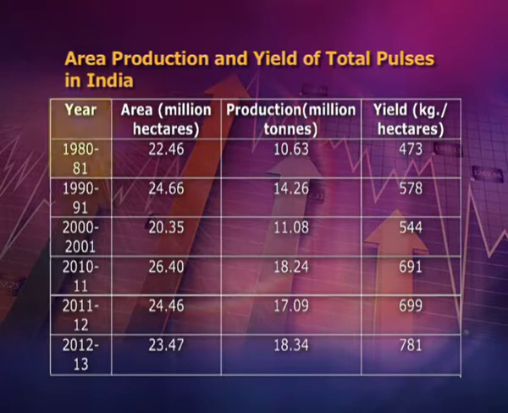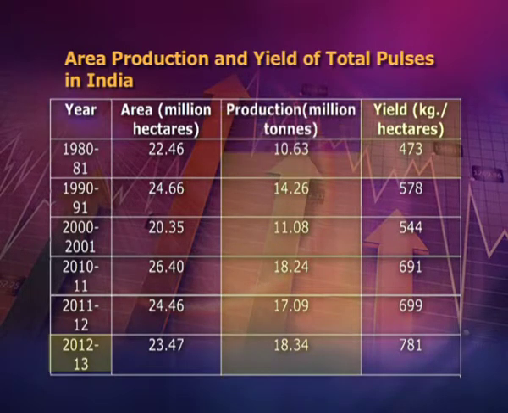In the year 1980-81, production of pulses was 10.63 million tons and the yield per hectare was 473 kgs. This increased to 18.34 million tons of production in the year 2012-13 and the yield increased to 781 kgs per hectare.